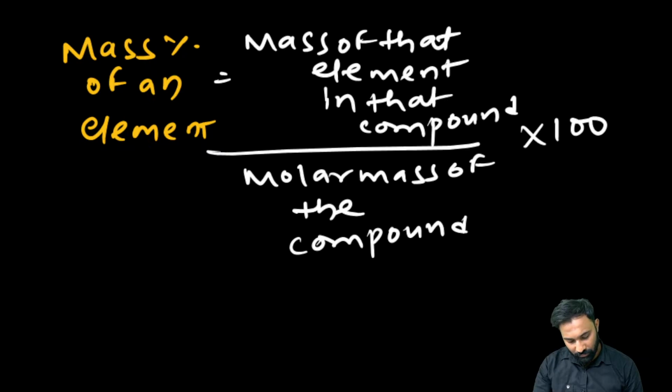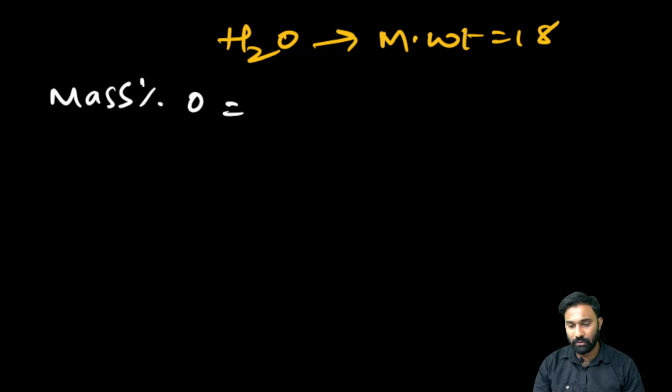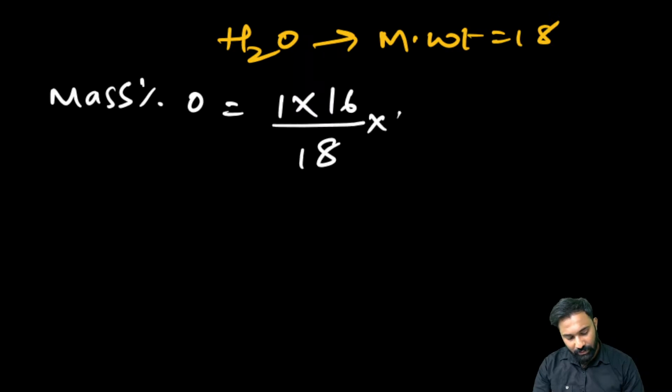Let's go with a simple example, that is H2O. The molecular weight of H2O is 18, right? In this H2O, how much mass percentage of oxygen we are having, that we have to calculate. Mass percentage of oxygen: how many oxygens? Only one, right? So 1 into 16 by 18 into 100.